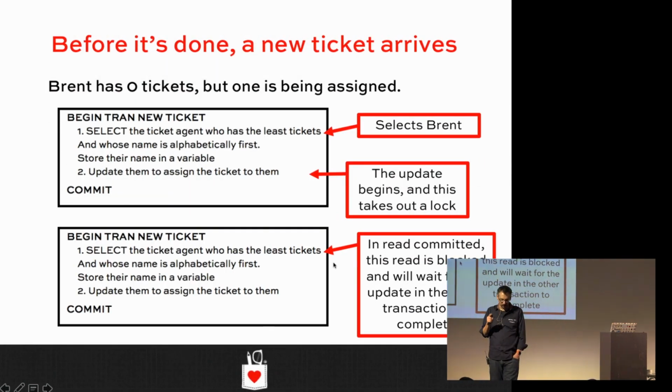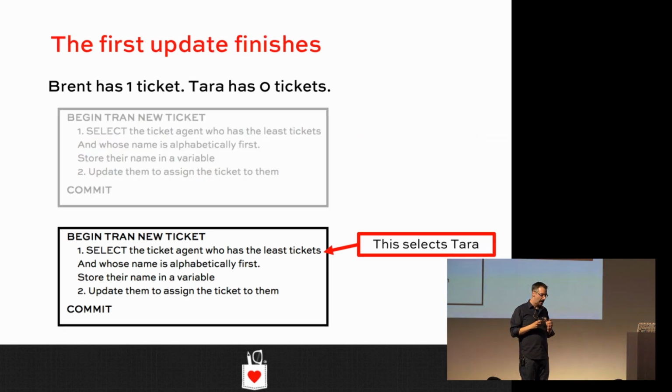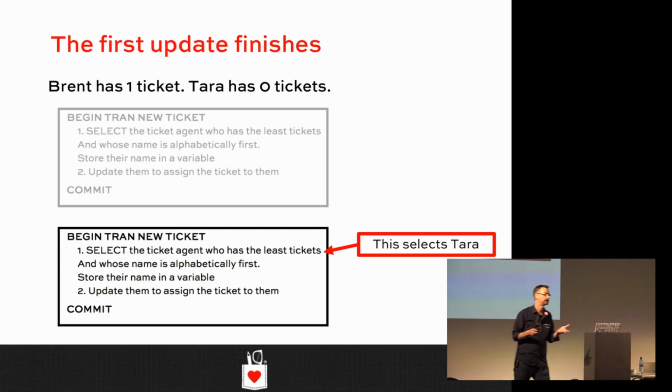When another server kicks off and does this same exact process, the select is blocked, because remember, in pessimistic locking, readers can block writers and writers can block readers. So the select query doesn't even get a chance to start. It patiently waits until the update is finished, and then it finds the next person who's alphabetically available, Tara in this case.